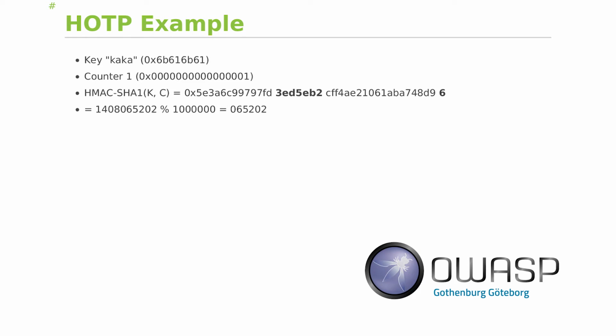Am I going through these too fast? No? Good. Too slow, maybe? And a quick example: the key in hex, the counter, and the HMAC SHA-1 of that ends up in a 20-byte hash. Take the last 4 bits as a reference into the 20 bytes, get that as hex, take that modulo 1 million, and you end up with a 6-digit code.